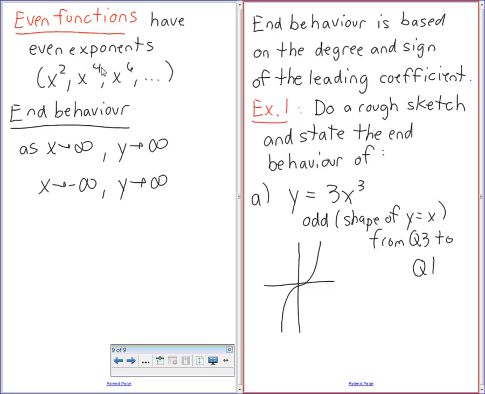Okay? All right, so can somebody be brave and tell me as x goes to infinity, what's y going to do on this graph, please?